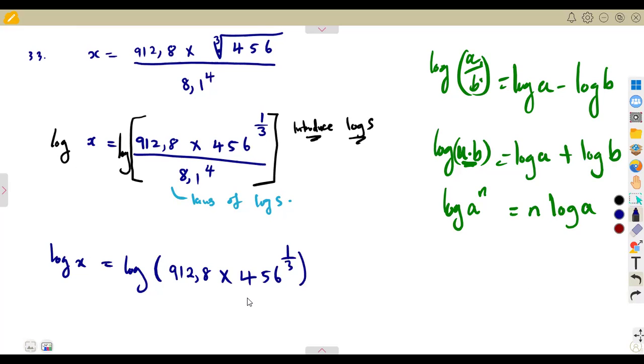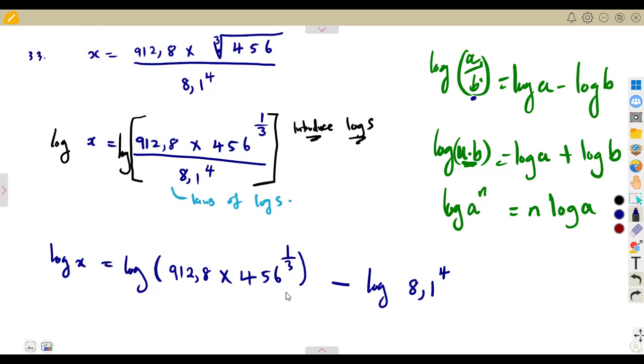Minus log B, and B is in the denominator. The denominator is 8.1 to the exponent of 4. That's an exponent, this one. So we have separated the numerator and the denominator.